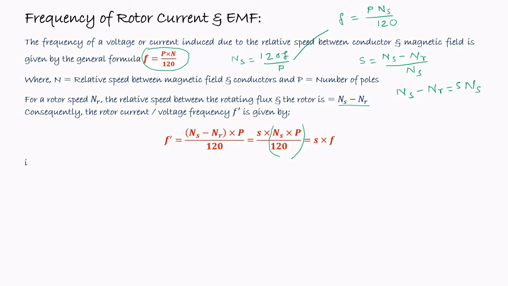Therefore, the frequency of the rotor current or EMF is the fractional slip times the supply frequency, that is, F' = S × F.